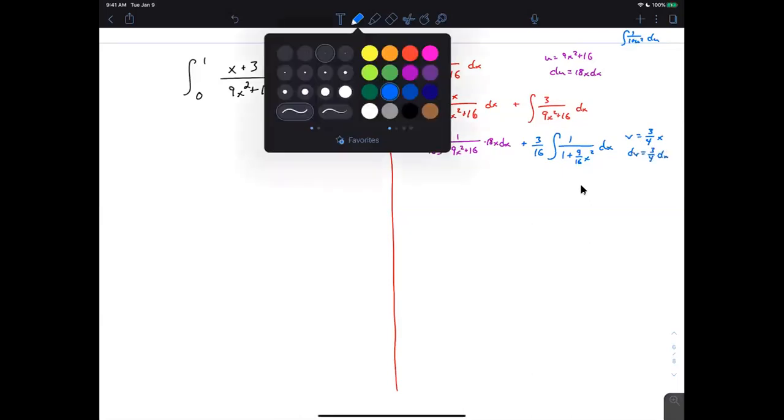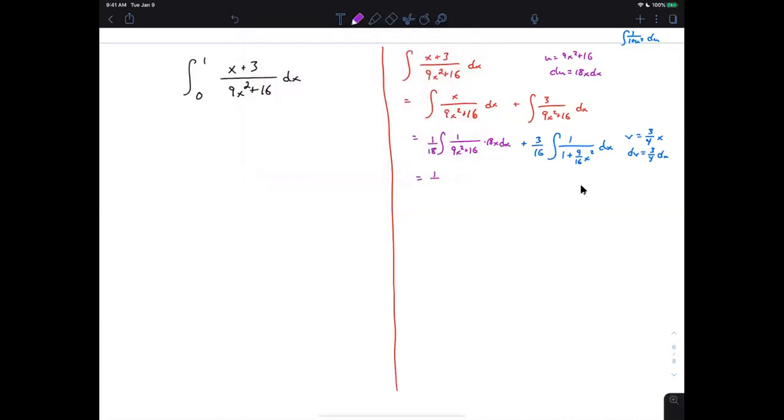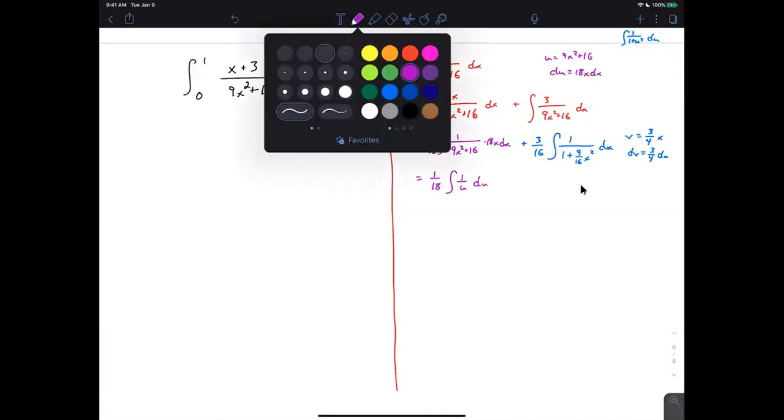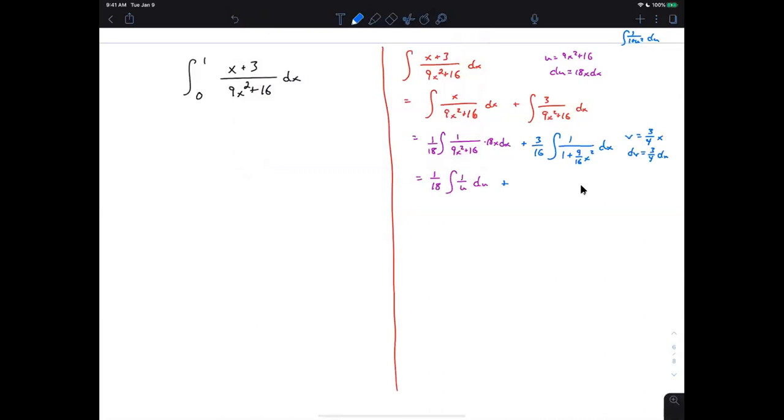And so now, okay, the first one is actually pretty straightforward. We've got 1/8 times the integral 1 over u du. The second one, we need a 3/4 inside. So we've got this 1 over 1 plus 9/16 x squared times 3/4 dx. That means we need a 4/3 outside.